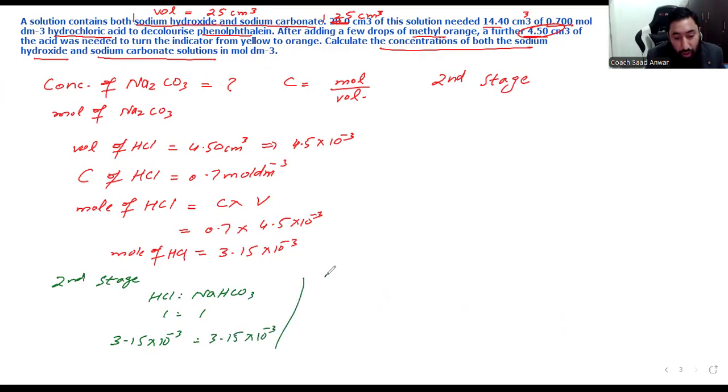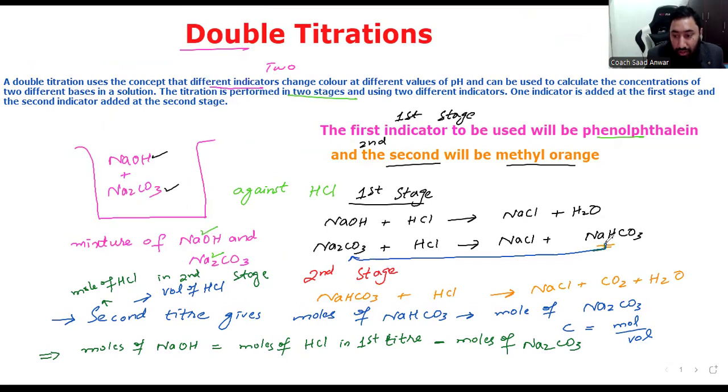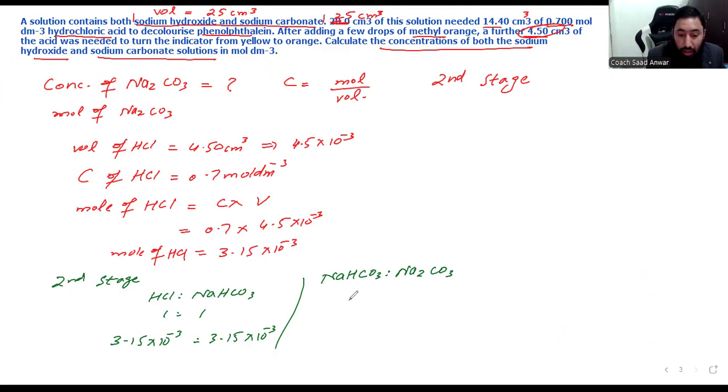And you see the ratio of sodium hydrogen carbonate to sodium carbonate from the first stage is again 1:1. So if sodium hydrogen carbonate is 3.15 times 10 raised to power minus 3, then sodium carbonate must be 3.15 times 10 raised to power minus 3.